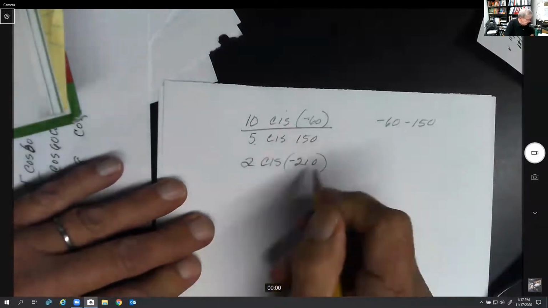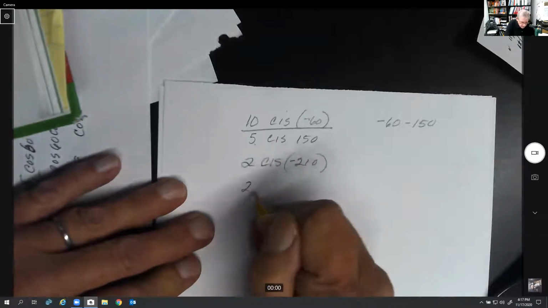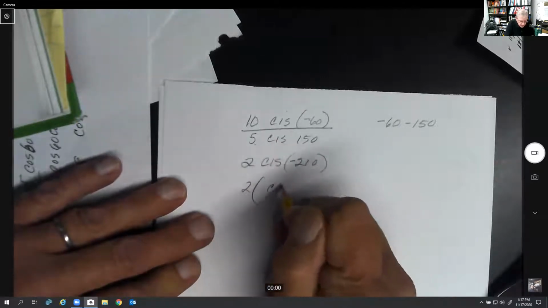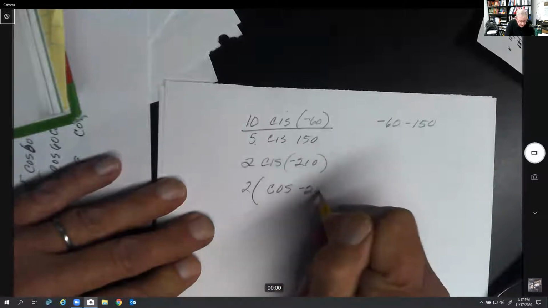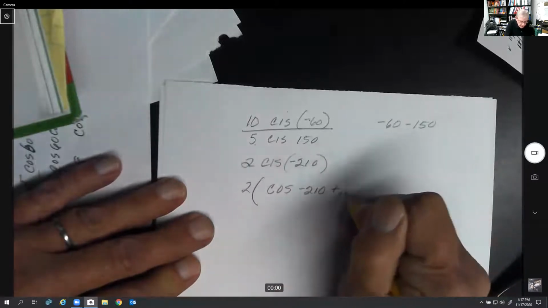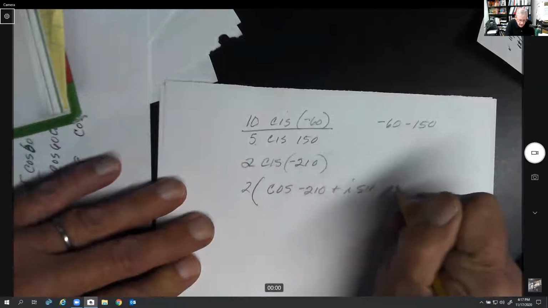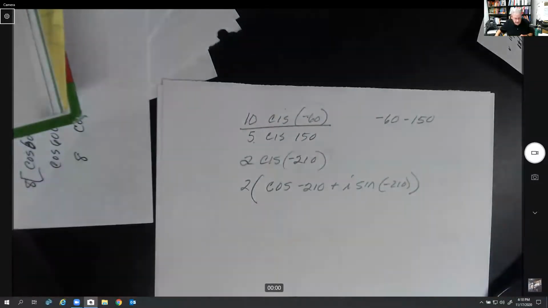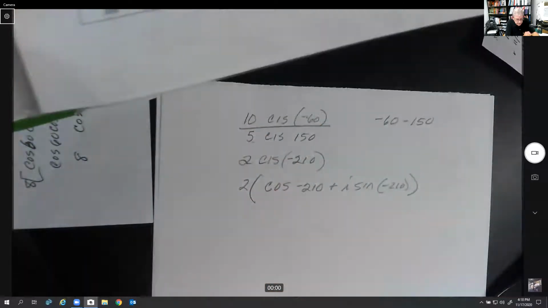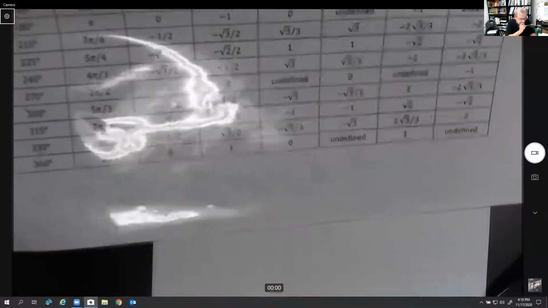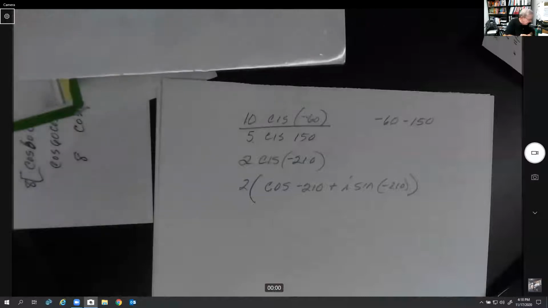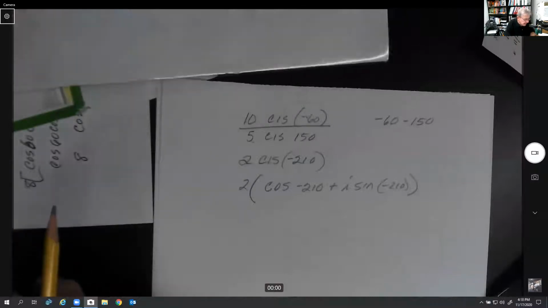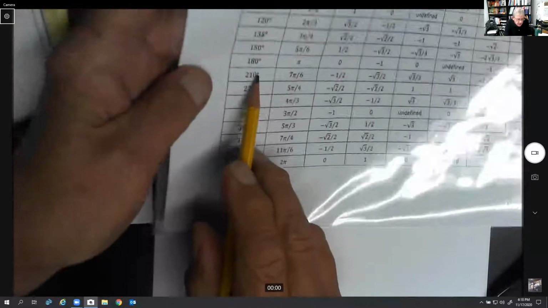So expanding this out, this would be 2 times the quantity cosine -210 plus i sine -210. Now, what is the cosine of -210? Well, that's kind of interesting. Let's add 360 to that. Did they go ahead and add 360? I don't know. They just put -210.